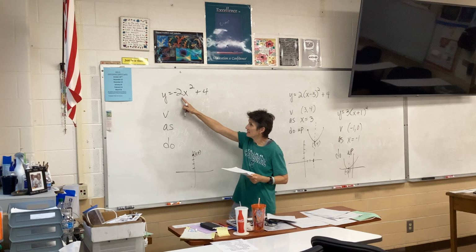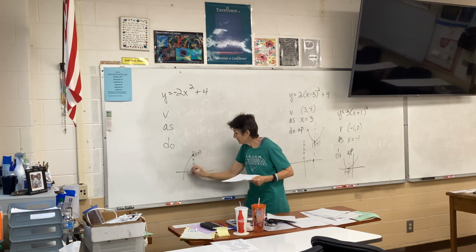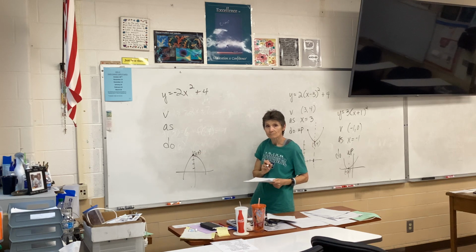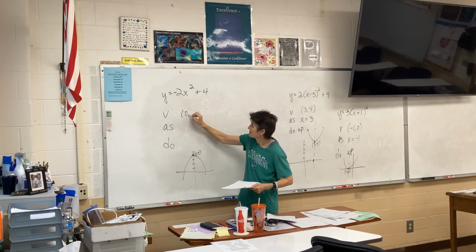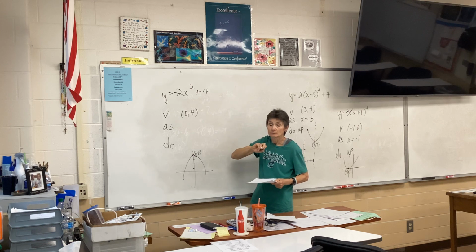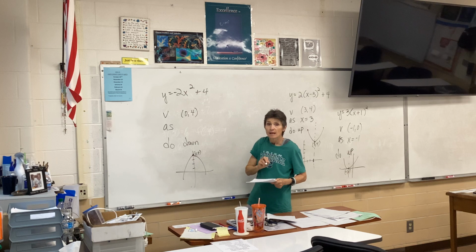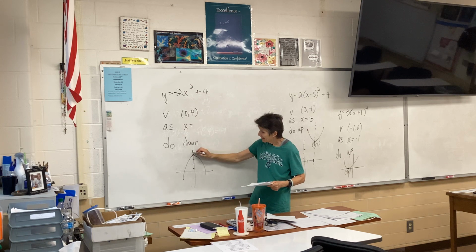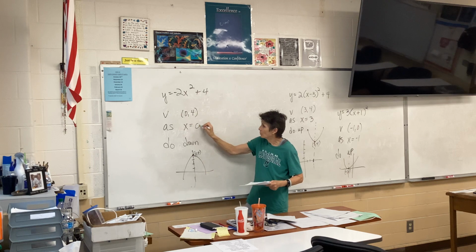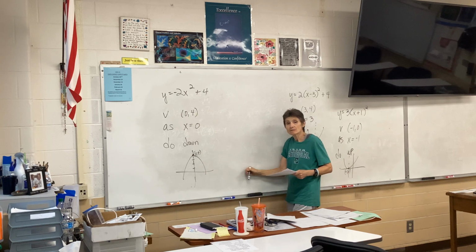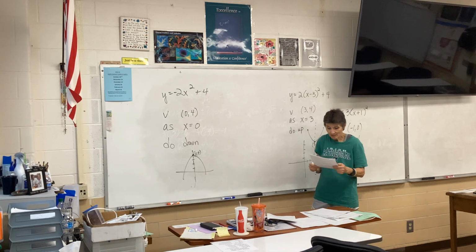And because of the negative, it's opening down. So its vertex is (0, 4), and it opens down, and its axis of symmetry is always going to be x equals the x coordinate. So its axis of symmetry is x equals 0.